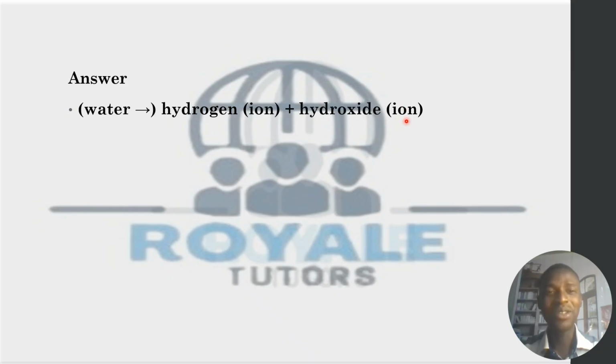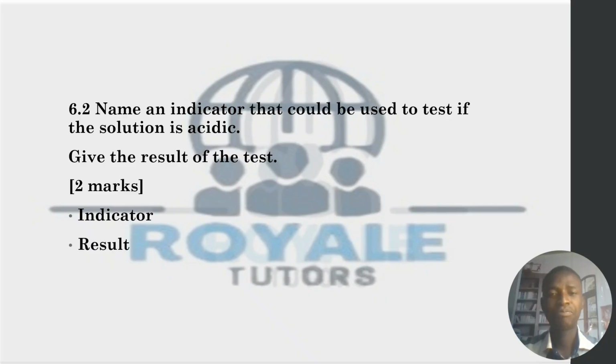Do you get that now? Saying hydrogen ion, you have 1 mark. Saying hydroxide ion, you have another mark, making a total of 2 marks. So once you're able to do this, you've gotten your 2 points. Very interesting, right? Let's move on to some other questions.